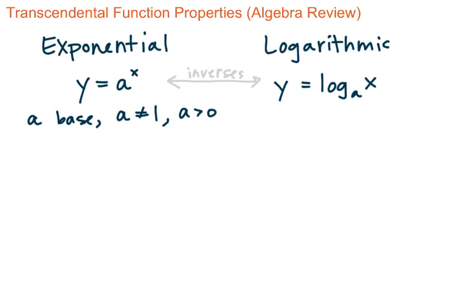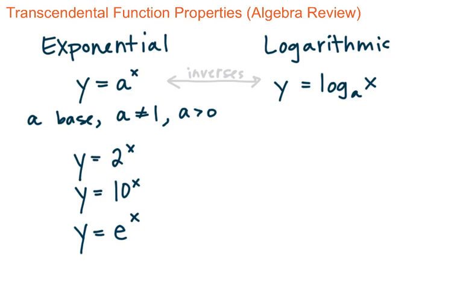Now, as I said, this exponential function could have any base. It could be y equals 2 to the x or y equals 10 to the x. And what we'll see a lot in calculus is y equals e to the x, e being Euler's number, an irrational number, approximately 2.718.